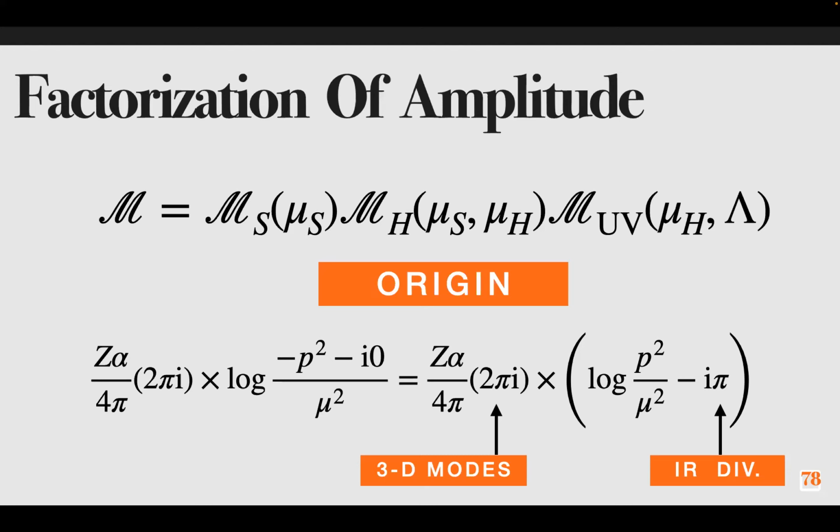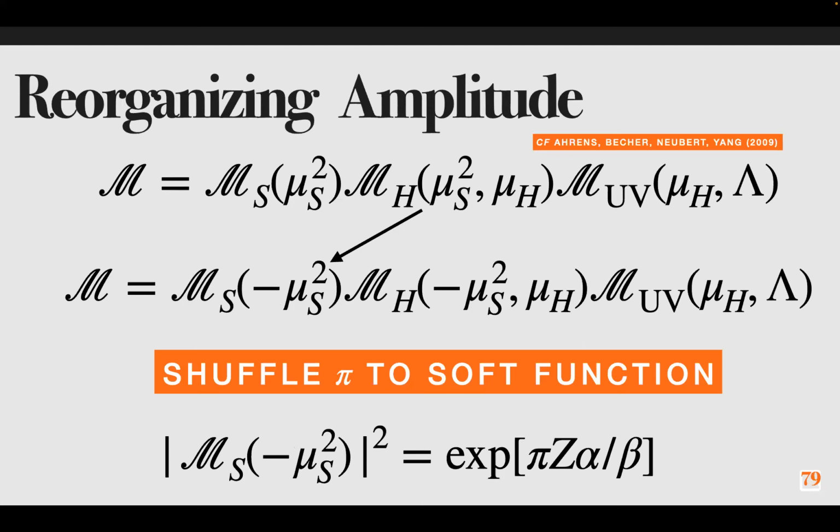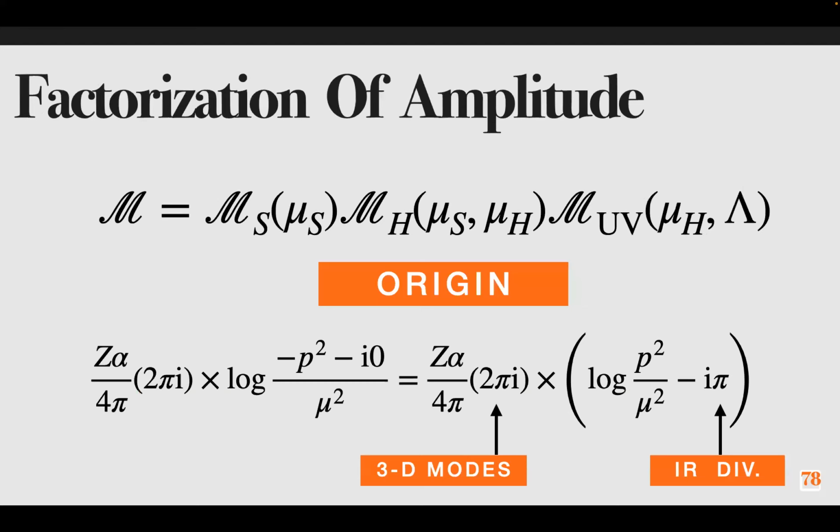There's an old paper by Ahrens, Becker, Neubert, and Yang, where a similar thing happens in Higgs to gluons, and they're able to deal with some of these large pi enhancements from an RG analysis, but the RG analysis is actually very simple. You basically analytically continue your subtraction point from a space-like to a time-like variable. What that does is that this log, which is like negative p squared over mu squared, goes to negative p squared over negative mu squared.